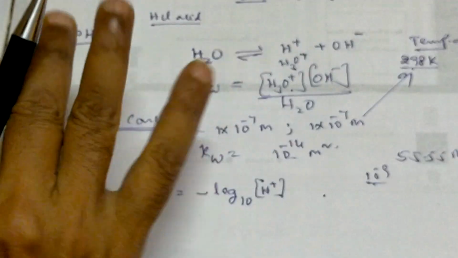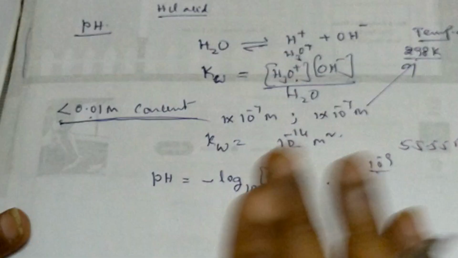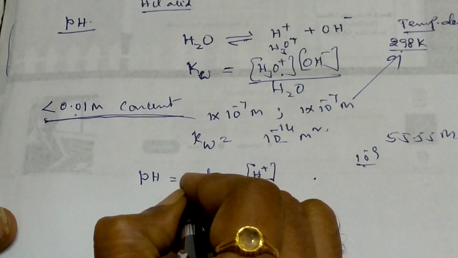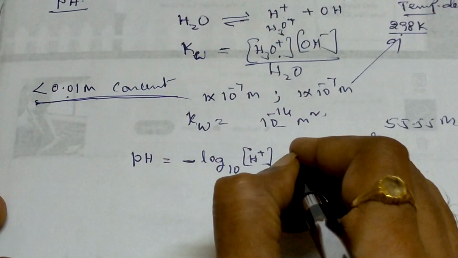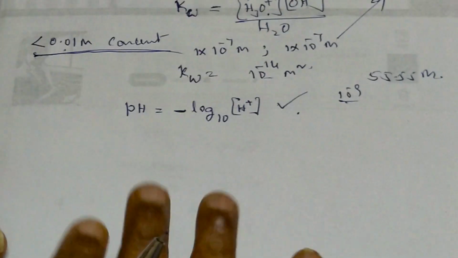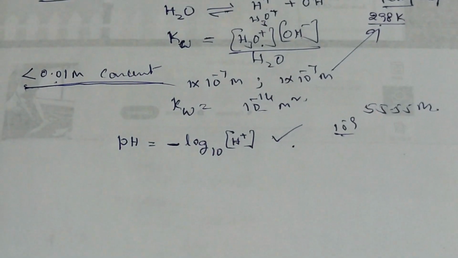Similarly, NaOH or sulfuric acid or any strong acids, because they are beyond 0 to 14. So, this is for the lower concentrations, it is applicable only for regular water solutions. Very limited application, but a very wide range and very critical applications.